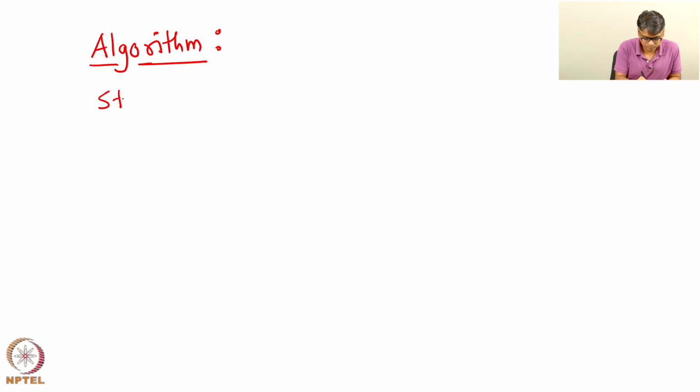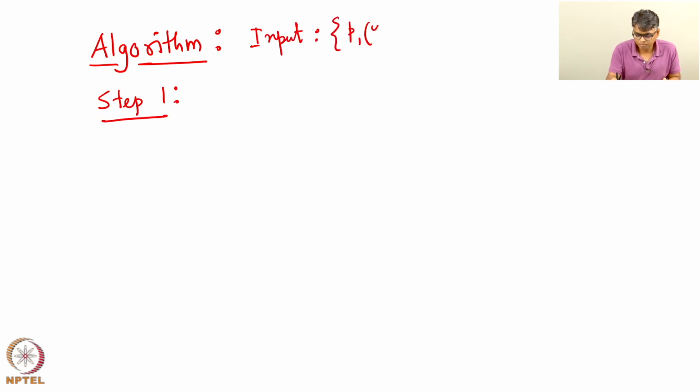Step 1. First, what is the input? What is given to us? Input, of course, is this collection of polynomials p1(xi) up to pg(xi). What is step 1? Step 1 is permute these polynomials so that the one with the least degree appears first.